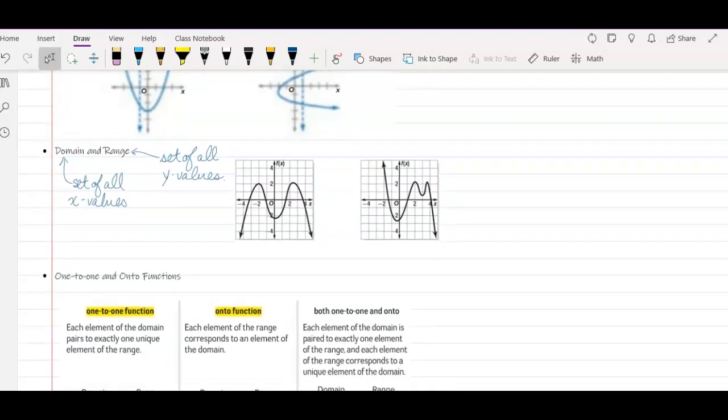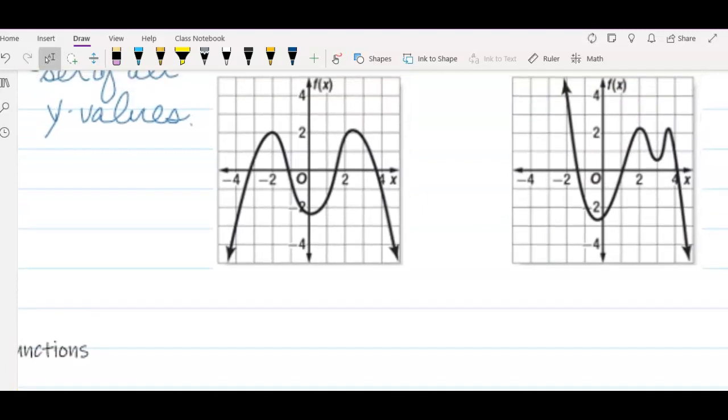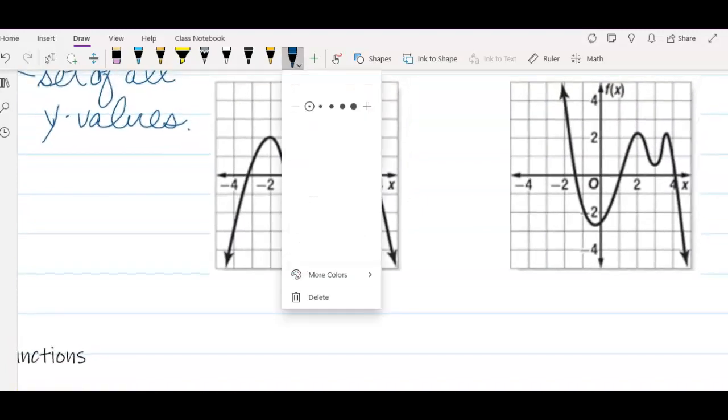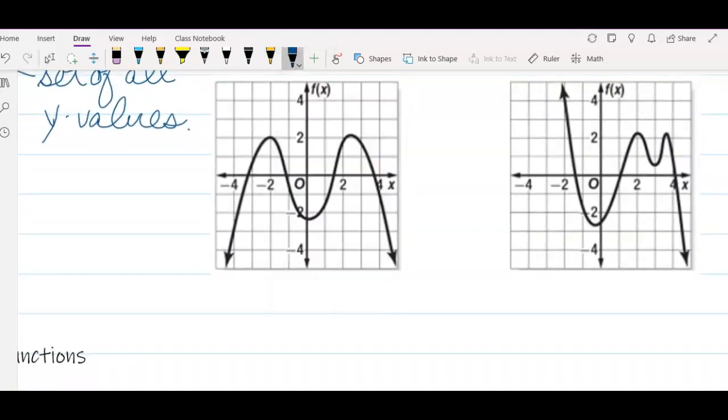So if we look at these examples here, let's try to find the domain and the range. The domain, all the possible x values. Again, it sometimes helps to start with your highlighter. We're looking just at the x values, which is the x-axis.